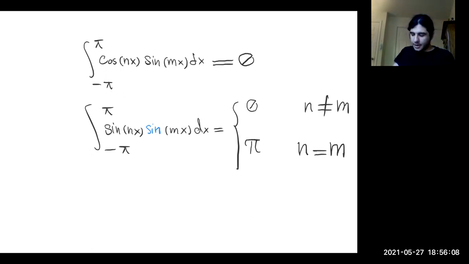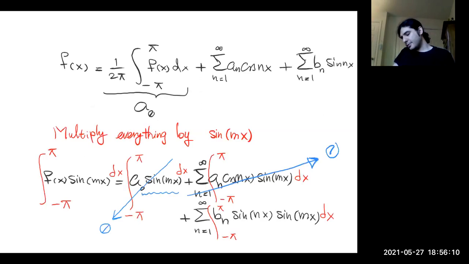That's interesting because if we look at the integrals we have here, we have a sum over n, right? N is equal to 1, 2, and so on. At some point, n becomes equal to m. Before that moment, all of the integrals are 0. At the exact moment where n is equal to m, this integral is equal to pi.